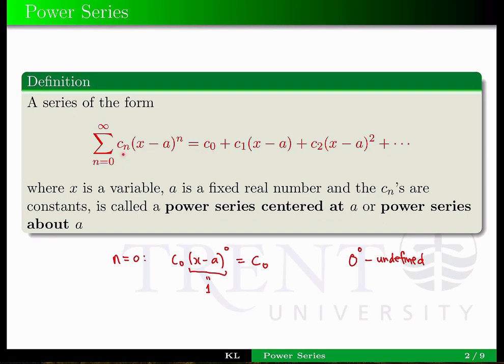And of course, we have c sub 1 times (x minus a), that's n equals 1, plus c sub 2 times (x minus a) squared, that's n equals 2, and then so on and so forth. So this is the formal definition of a power series about a or centered at a.